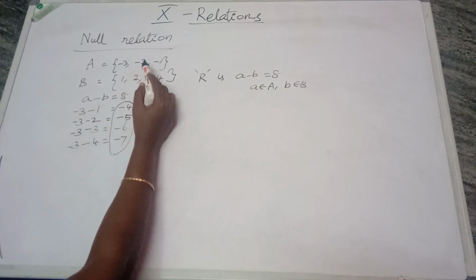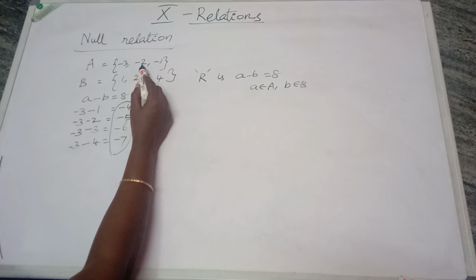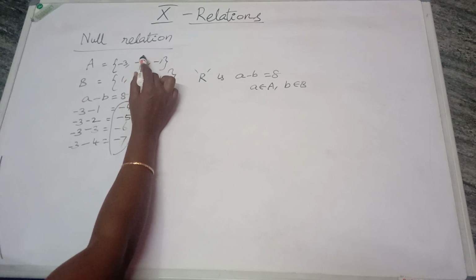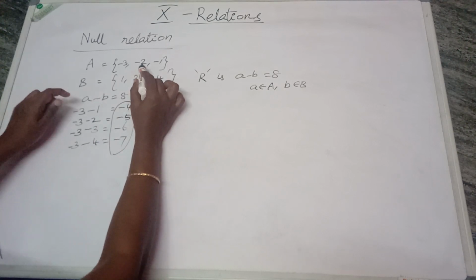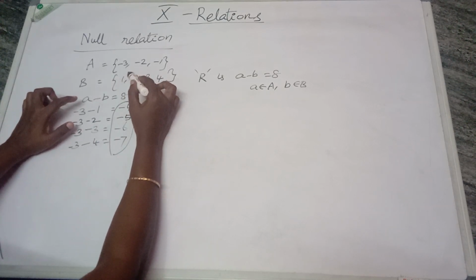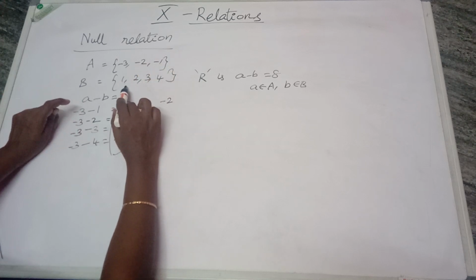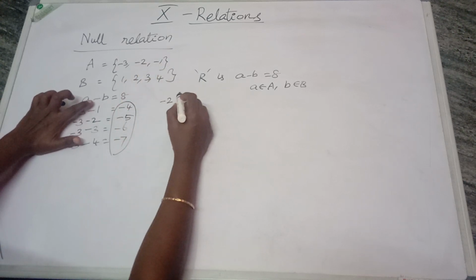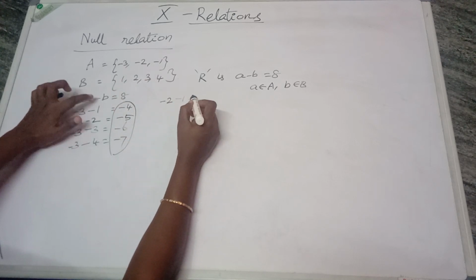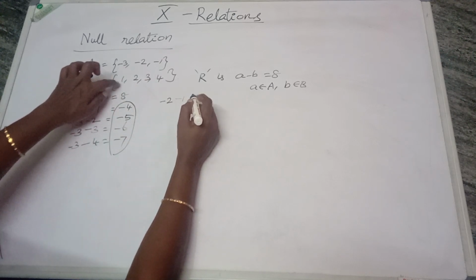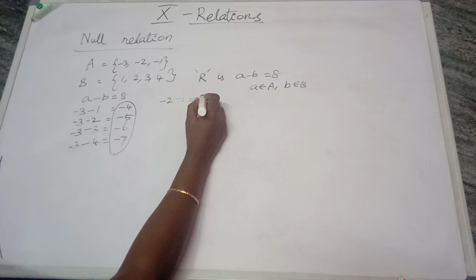Now we move on to the next element, minus 2. If we take minus 2 as A, we have to check with every element of set B. Taking B as minus 1 gives minus 3.